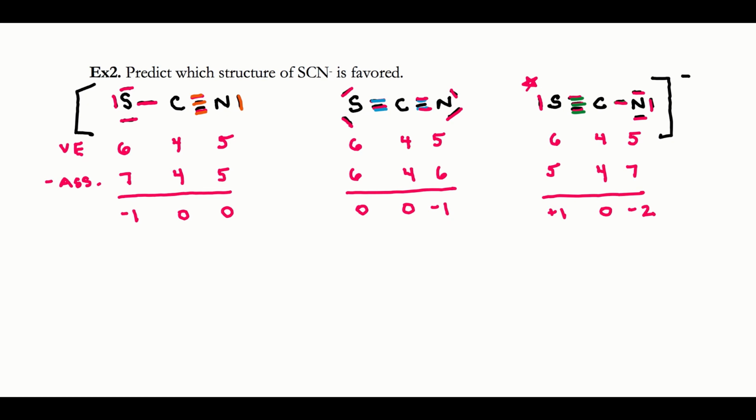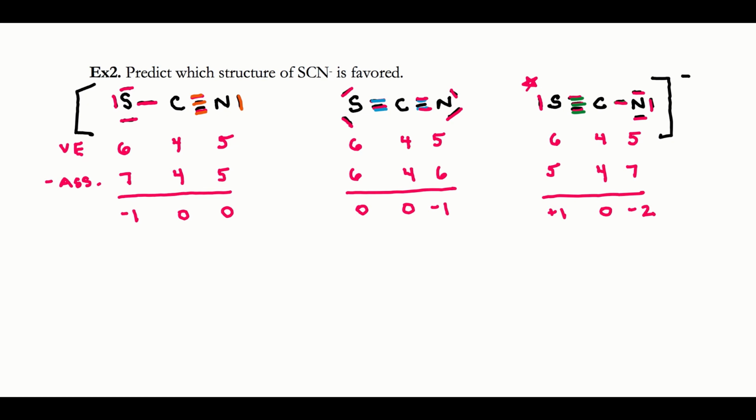Well, remember, if they have the same formal charges, if you can't use that to eliminate a possible molecule for the best structure, then you need to look at which is more electronegative. So whichever atom is more electronegative, that's the one that should have the negative formal charge.